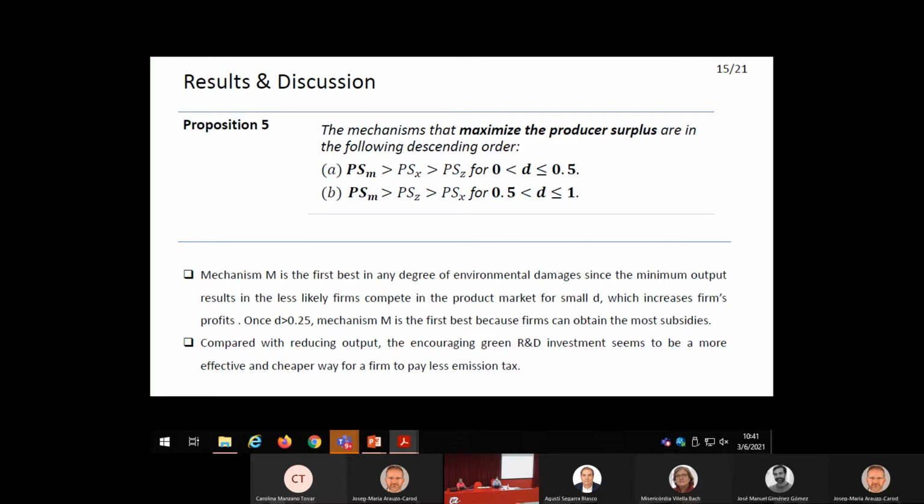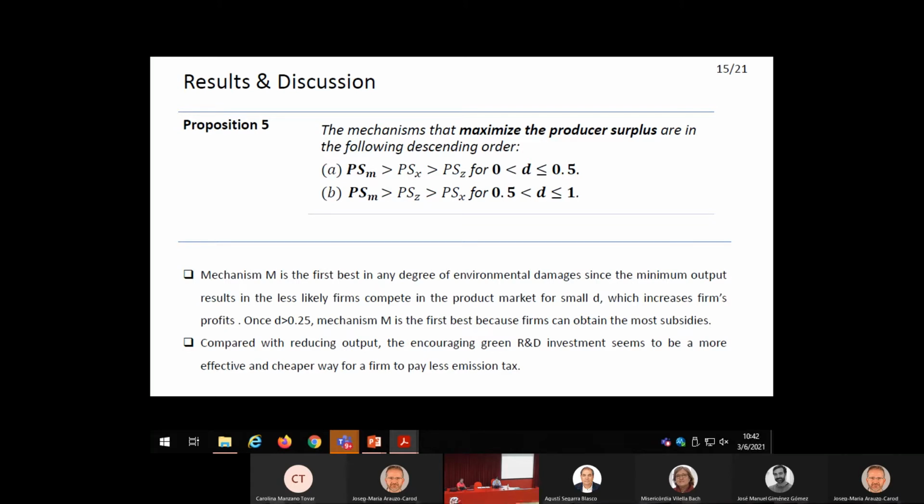Therefore, mechanism M is the first best, and once D is larger than 1/4, firms can obtain subsidy under mechanism M. So in this case, mechanism M is also the first best.